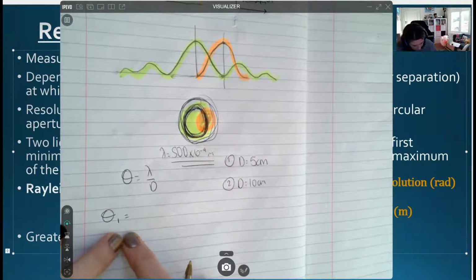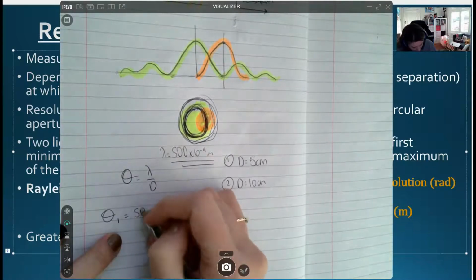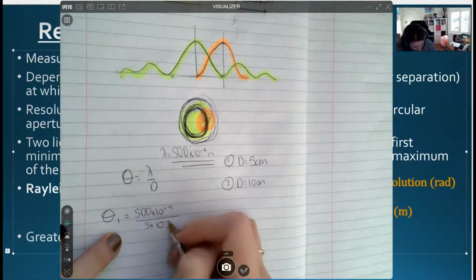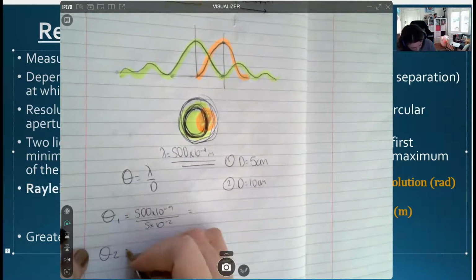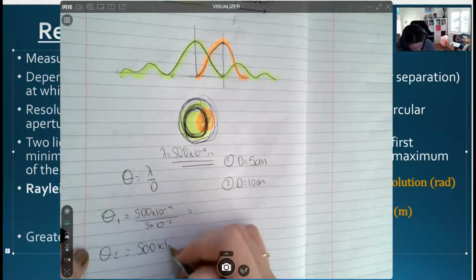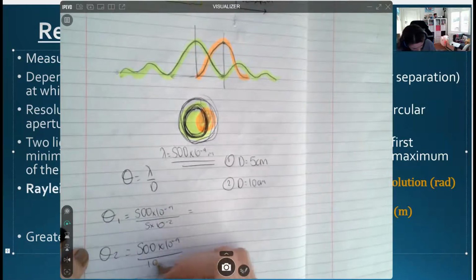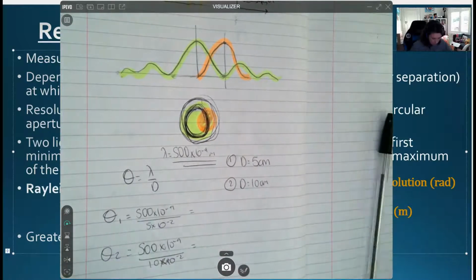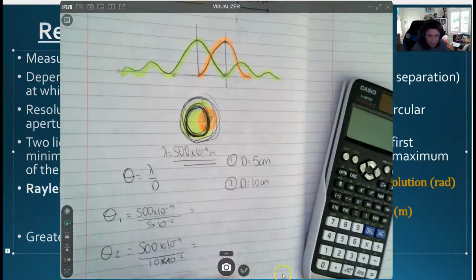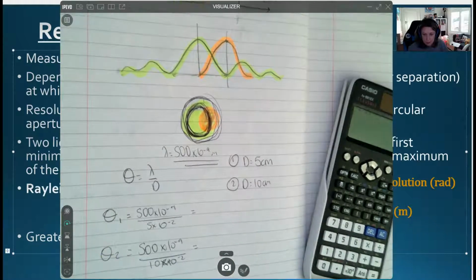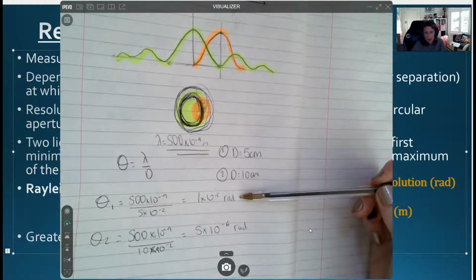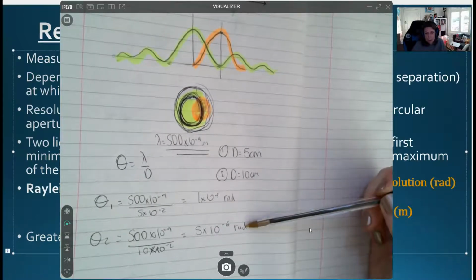So number one would be 500 nanometers divided by 5 centimeters, and number two would be the same wavelength of light, but 10 centimeters. Which gives me this answer. So this one can see down to 1 times 10 to the minus 5 radians, and this one can see down to 5 times 10 to the minus 6 radians.